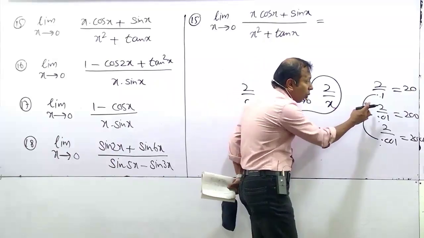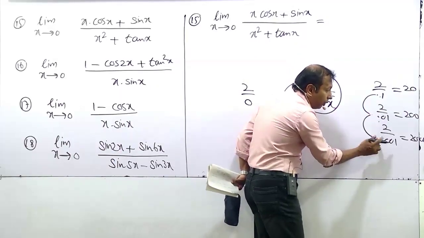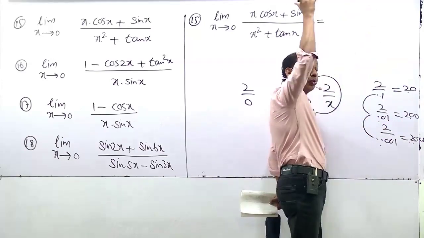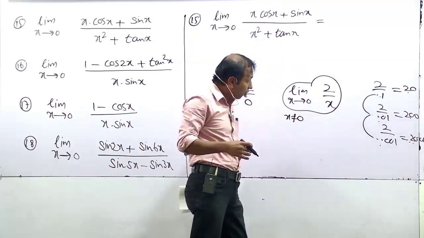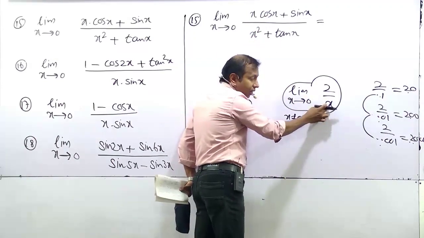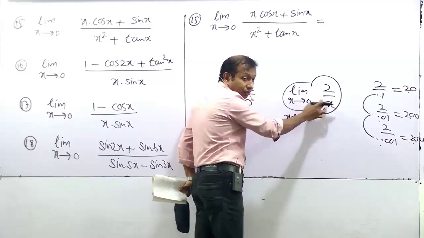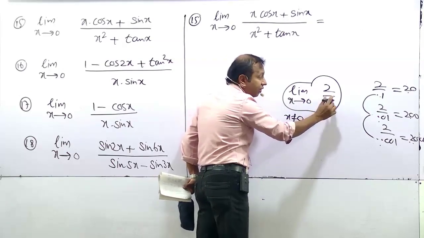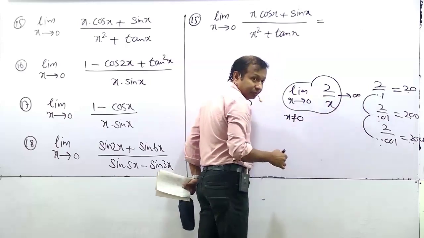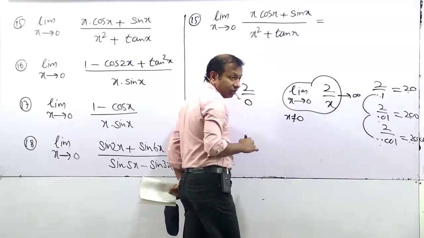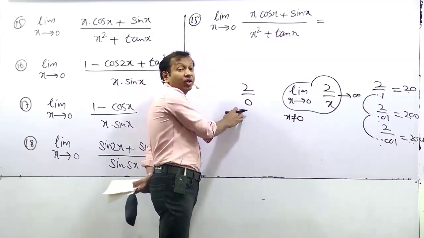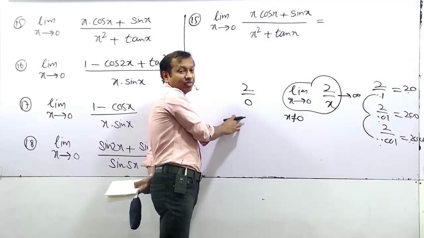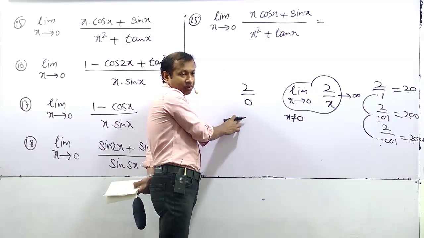That means when the denominator is going closer to 0, you can obviously see this answer is going to very huge values. Therefore, people, 2 upon x as limit x going to 0, this is going to very small values. Then this goes to infinity. This is the one we define as infinity. But 2 upon 0 is undefined. Don't say infinity, undefined. Understood?